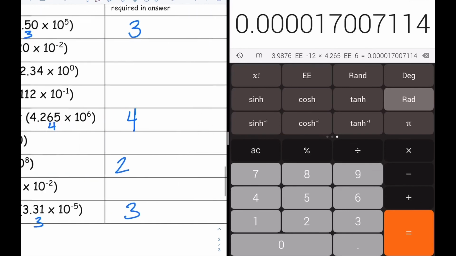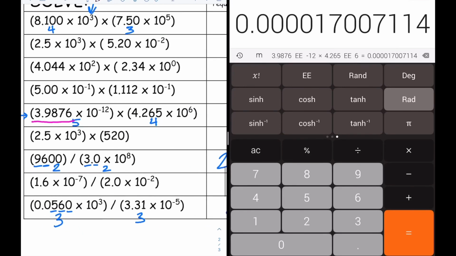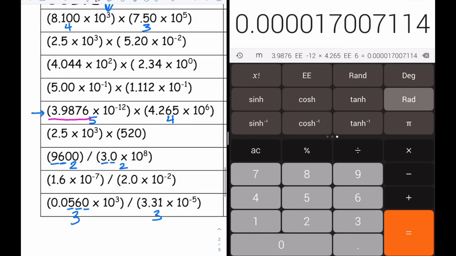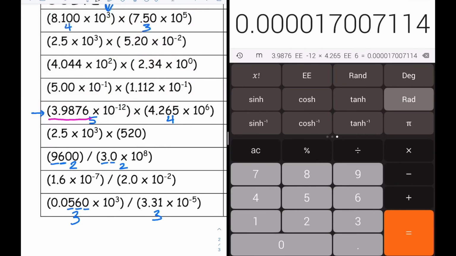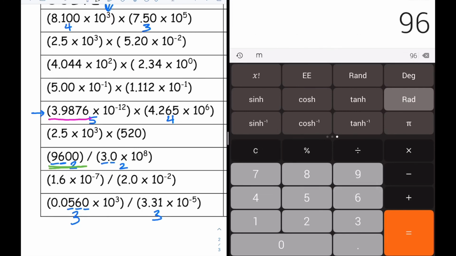Okay, let's look at our last 2 problems. So we're doing some division. And we're going to be working on 9,600 divided by 3.0 times 10 to the power of 8. So let's type that in. 9,600 divided by 3.0 exponent 8 equals.